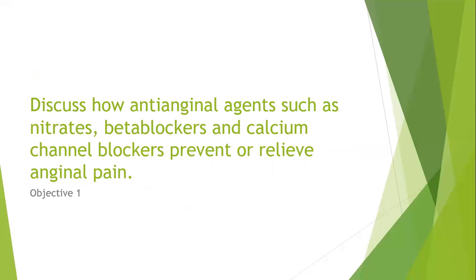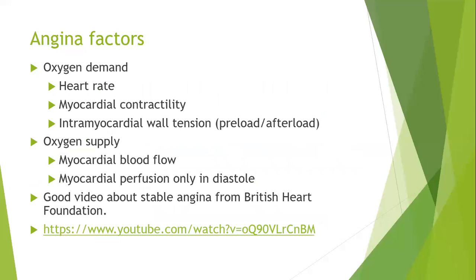So let's look at how medications work to reduce and prevent this. So again, we talk about the factors that determine angina, such as oxygen demand, heart rate, myocardial contractility, intramyocardial wall tension, and that is affected by preload and afterload.